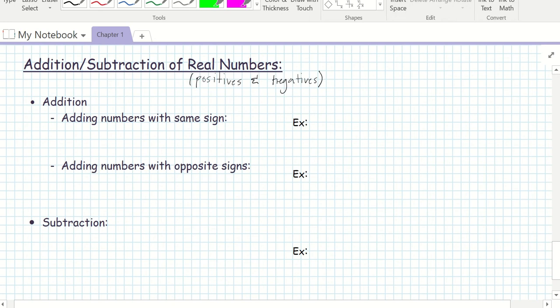Let's just keep in mind that we're kind of working with a thermostat, right? So for temperature, we are either adding more degrees, or we are subtracting, going down, decreasing in temperature, where we start seeing negative values.